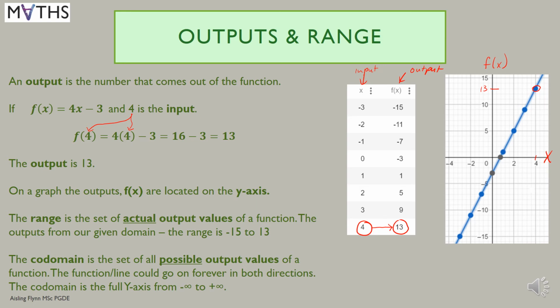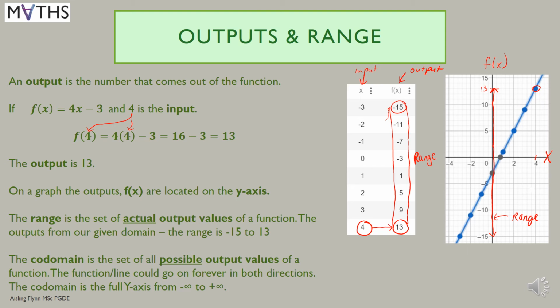The outputs from our given domain, so our function was defined in this area, gave us from minus 15 up to plus 13. This is our range. If I mark them on the f of x axis, beginning with minus 15 and going up as far as plus 13 in the specified domain, that's our range.